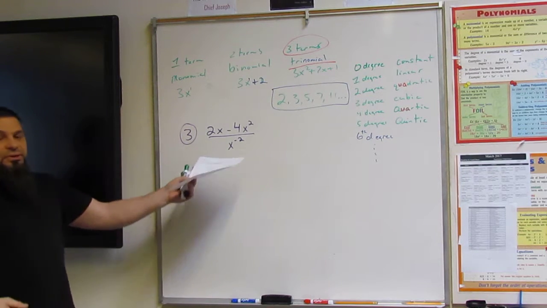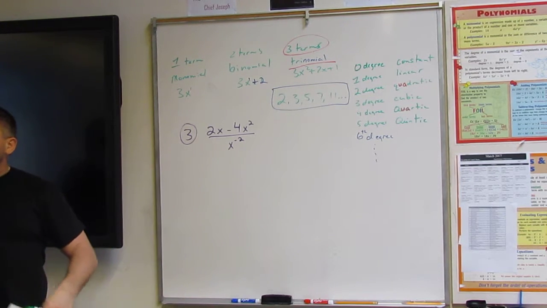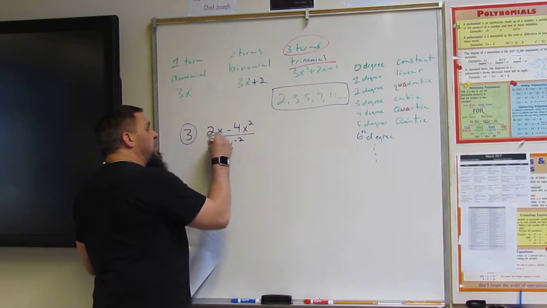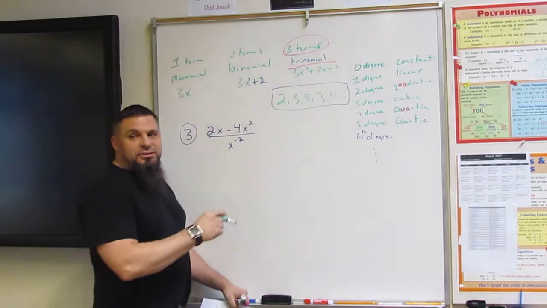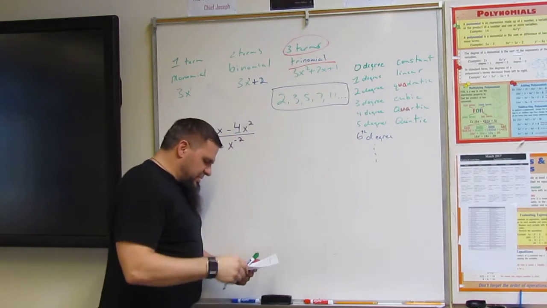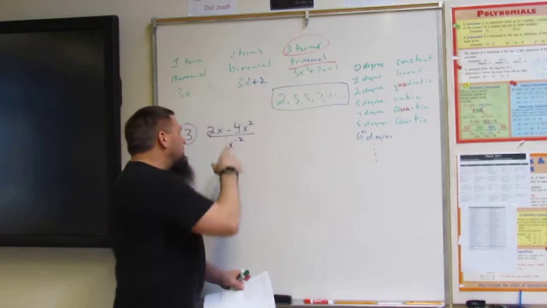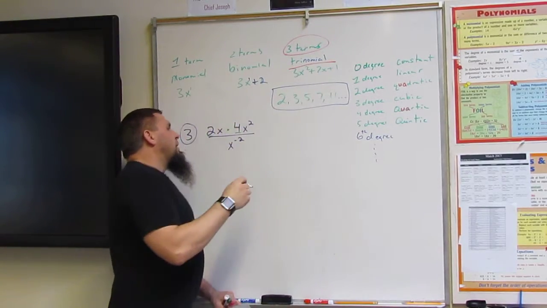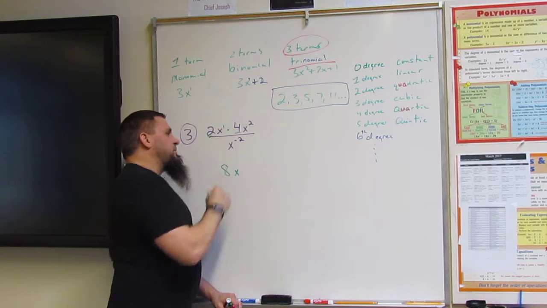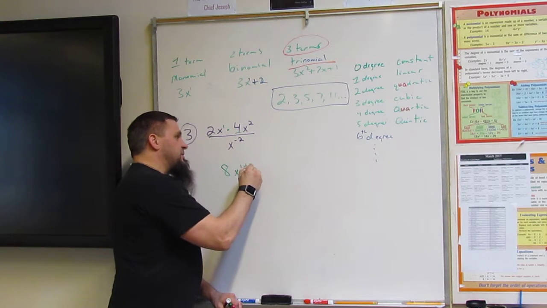All right. So what do we do here? We're gonna do the top first, right? The top first. So I deal with the numbers first. So that's 2 times 4. 8. This should be times, isn't it? Yeah. This is times. Okay, so it's 8. And then the x's, remember there's a 1 here, so it's 1 plus 2.